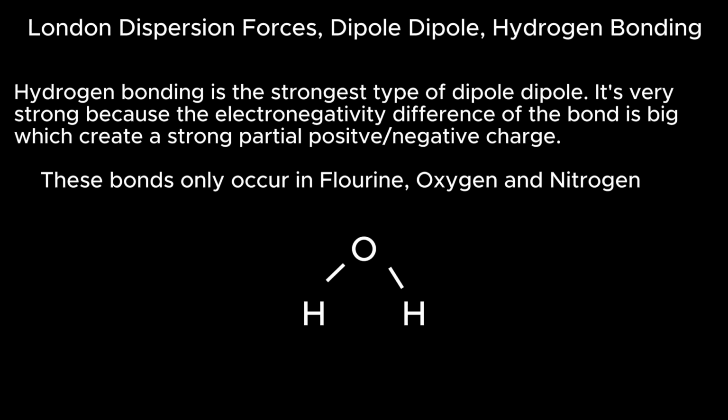And what can happen is that we can take another water molecule, another H2O molecule, and we can get an oxygen to get attracted to a hydrogen in another water molecule. So imagine we have this other water molecule, and this partially negative oxygen will be attracted to this partially positive hydrogen, and that creates this hydrogen bond.